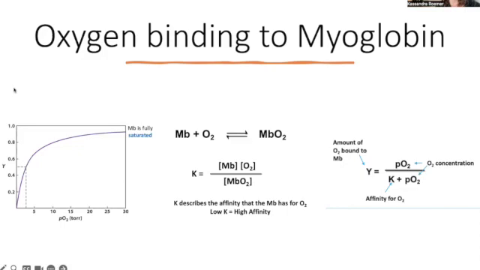As you can see, myoglobin is pretty quickly saturated fully, so it has a pretty high affinity to oxygen. We can calculate the partial saturation of myoglobin with the affinity constant and the oxygen pressure. So everything is pretty straightforward.